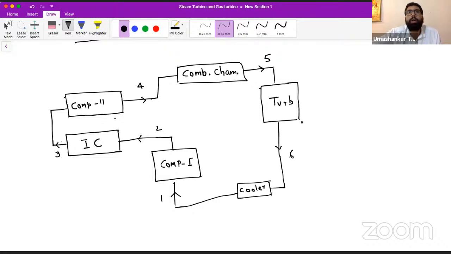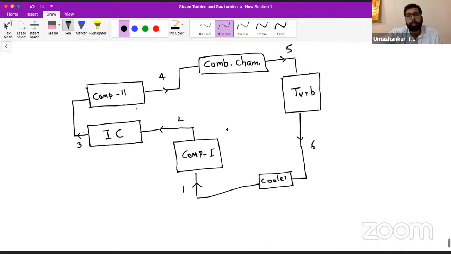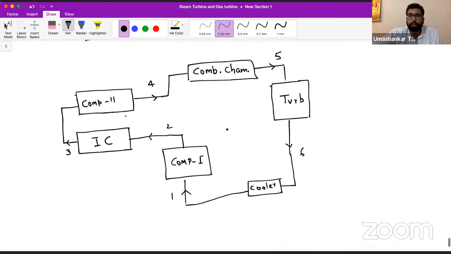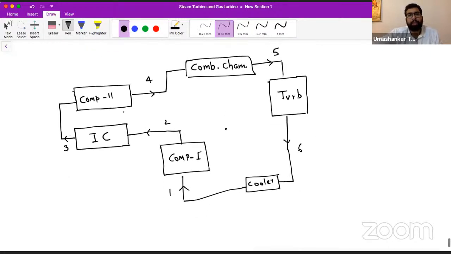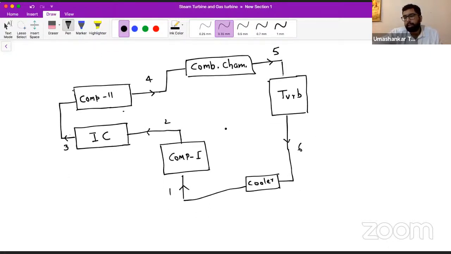Before I move ahead from this point, I want you to draw the PV diagram as well as the TS diagram. Is that clear? I'm taking a pause here for 2 or 3 minutes, so that those students who are live in this session can try by themselves, so that this is more clear to you.